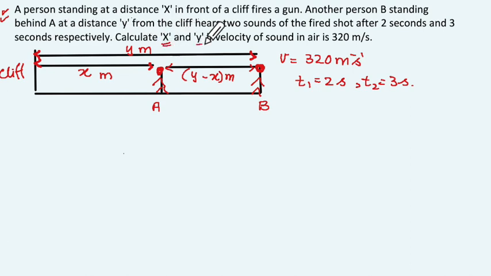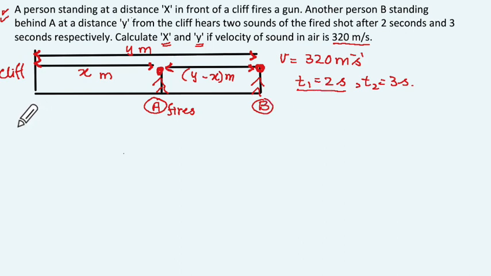Calculate x and y if the velocity of sound in air is 320 meter per second. So you will see there are 2 guys, this is A and this is B, and A is firing the gun and B hears 2 sounds. The first sound is the direct sound, from here to here, and the time taken for that is 2 seconds.